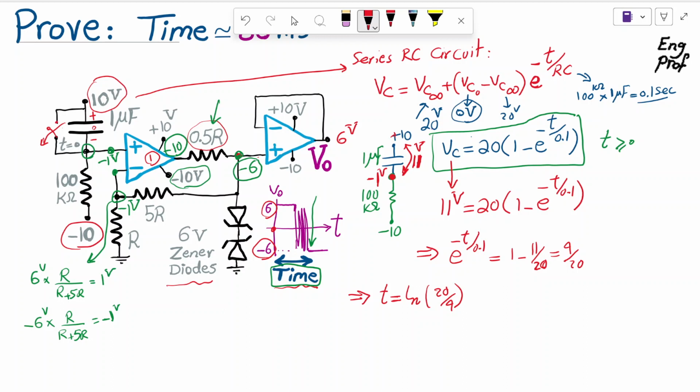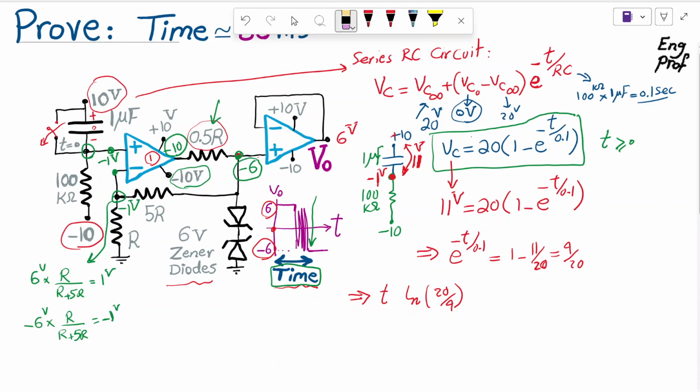Okay, so if you compute that, 20 divided by 9, and then take the natural logarithm, it becomes 0.7985.